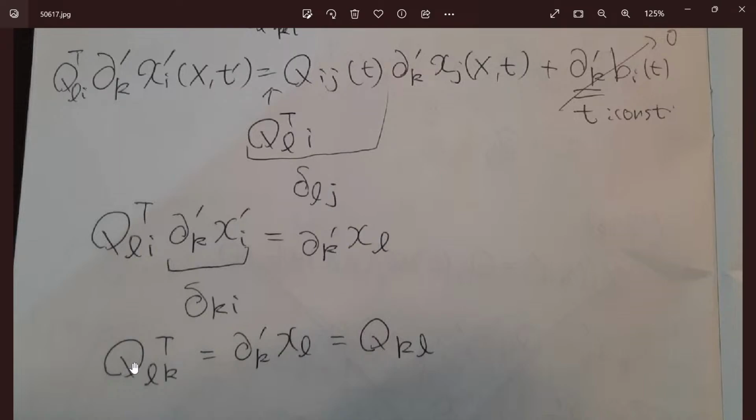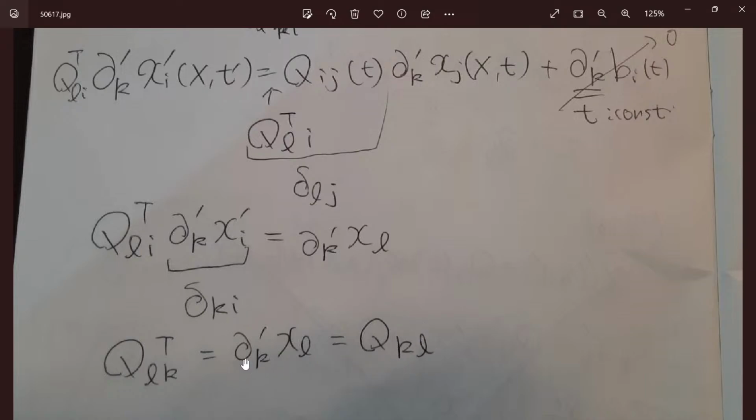So finally we have this Q transpose L k equal partial k prime x_l. And for the transpose, you just swap the index, so q_kl.